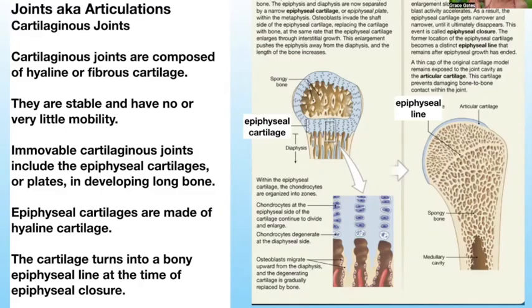Or the epiphysis would become dislodged from the diaphysis, and that would be extremely disadvantageous for a bone and very painful. All right, so as we learned, the epiphyseal cartilages are hyaline cartilage, and then they're being infiltrated over the course of development by spongy bone, and eventually the epiphyseal cartilages are actually completely infiltrated by bone, and at the time of epiphyseal closure, which is the time of puberty, they become the epiphyseal line.